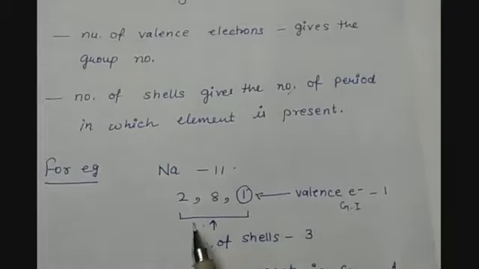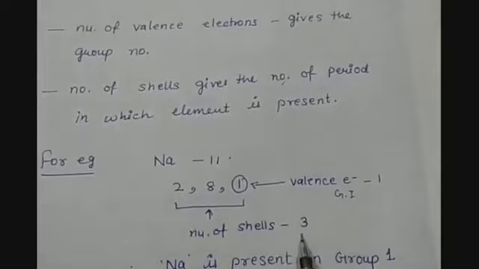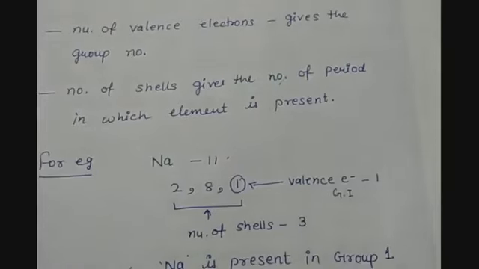And as we can see in the electronic configuration of sodium that there are 3 shells present, 2, 8 and 1. So here number of shells are 3. That means sodium is placed in the 3rd period of the modern periodic table. So that is how we determine the position of an element, that in which group or in which period that element is present in the modern periodic table.